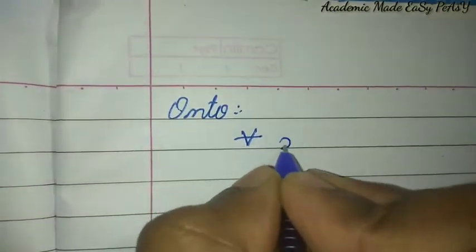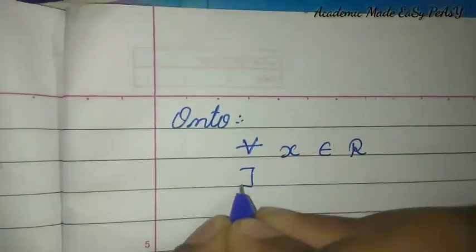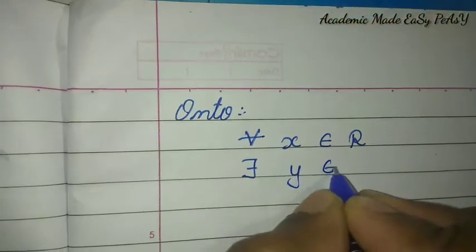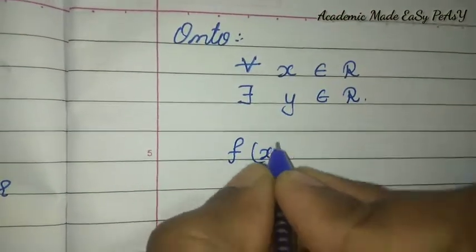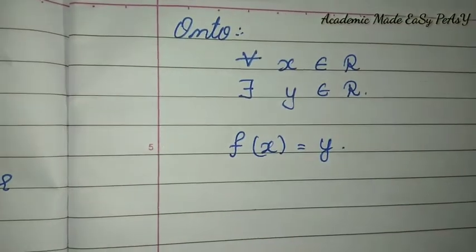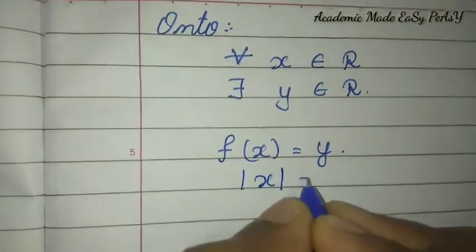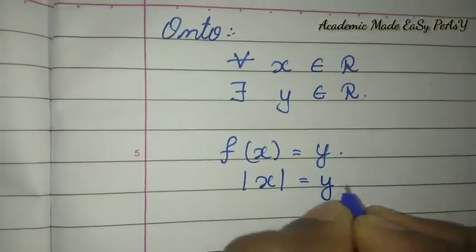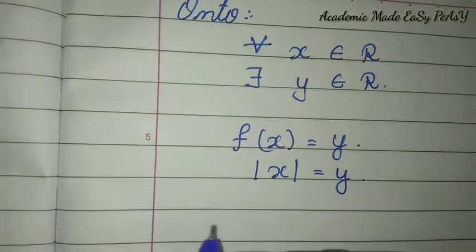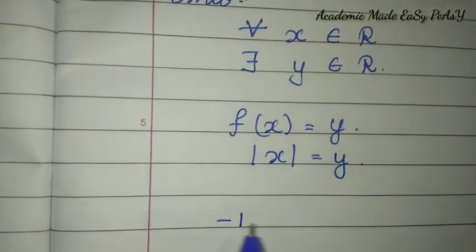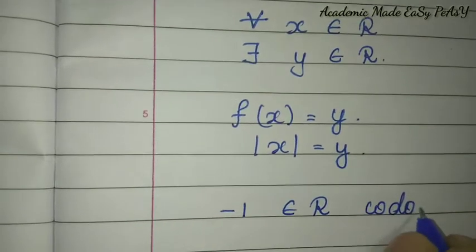Onto. For every x belonging to R, there exists y belonging to R, so f of x is equal to y. F of x, mod x is equal to y, isn't it? So minus 1 belongs to R in the codomain, isn't it?